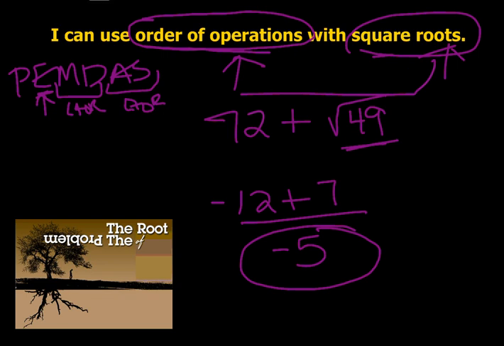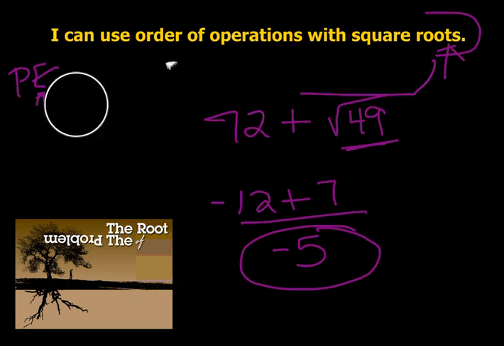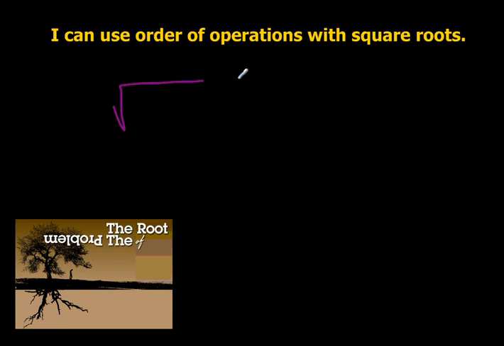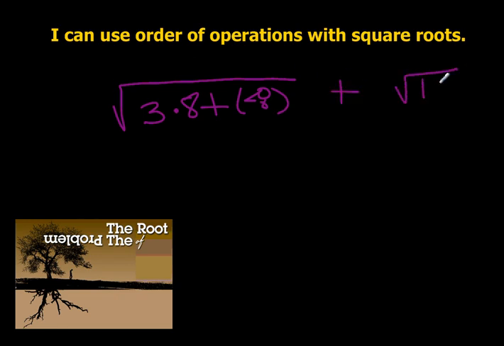Let's do another. If we do another problem like that, keeping those same ideas in our head, I could have the square root of 3 times 8 plus negative 8, and that's all underneath the square root, plus the square root of 100.